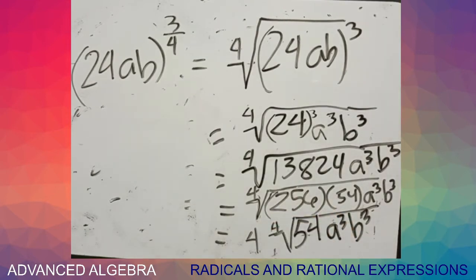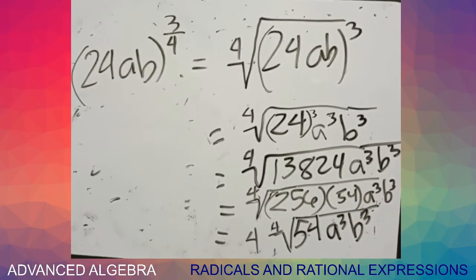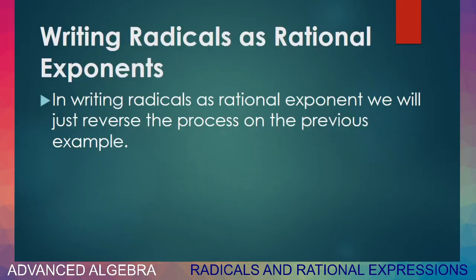So, medyo komplikado nung given. Okay. So, sana naiintindihan niyo yung pag-write ng rational exponent into radicals. Okay. So, tumungo naman tayo sa pag-write ng radicals naman papuntang rational exponents. So, paano naman yun?